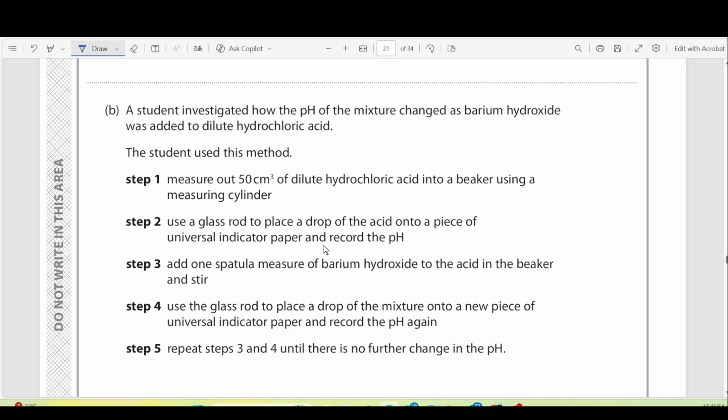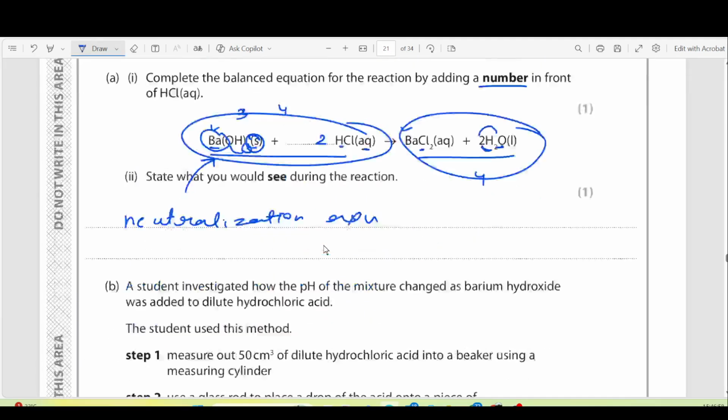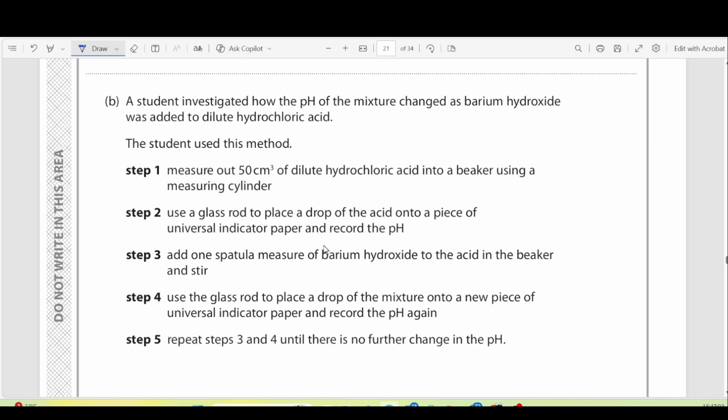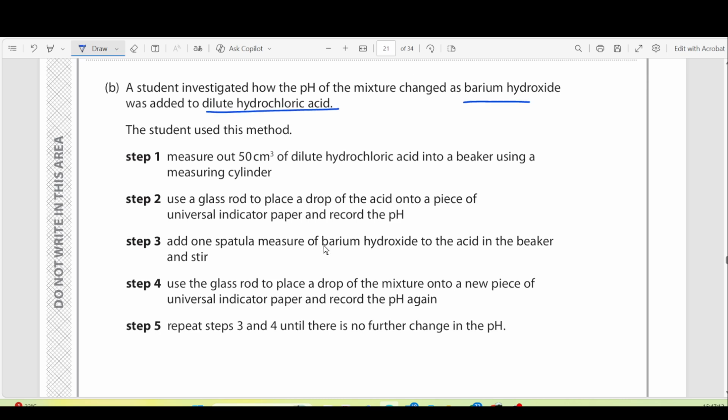Okay, next is this. A student investigated how the pH of the mixture changed as barium hydroxide was added to dilute hydrochloric acid. These are the steps the student used. Step 1: he measured 50 cubic centimetres of dilute hydrochloric acid into a beaker using a measuring cylinder.